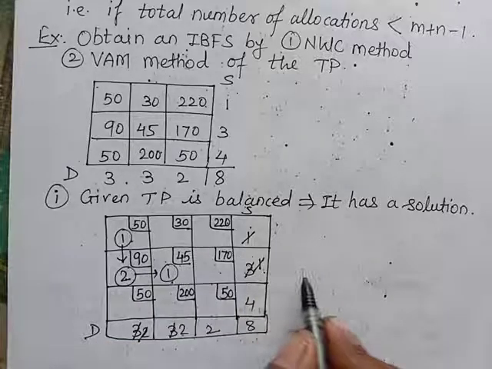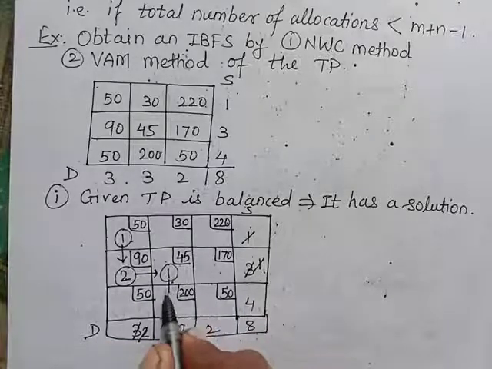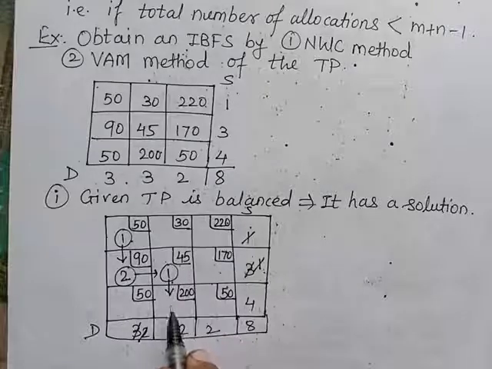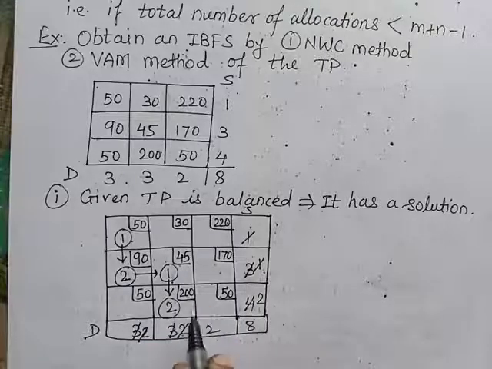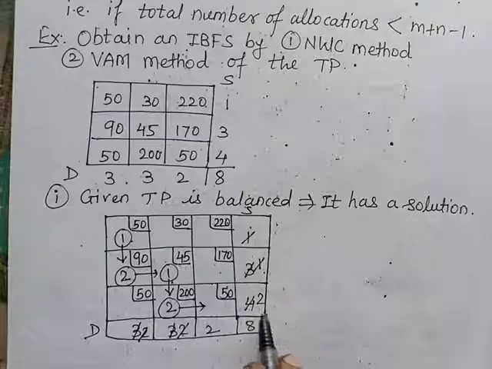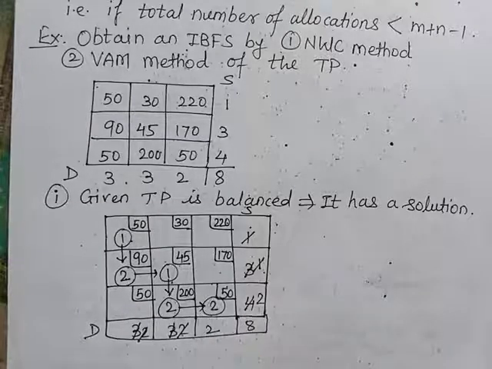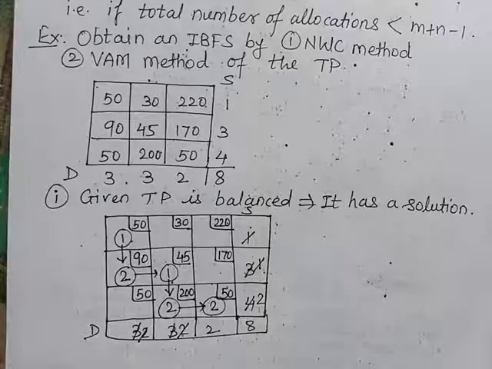Again this row constraint gets satisfied, so our allocation is in this column. So minimum of 2 and 4 will be 2, so this column constraint gets satisfied. Here 2 will be left, and now the column constraint gets satisfied, so our next allocation is here. So now this is the last cell and the allocation is what? 2. Fine.